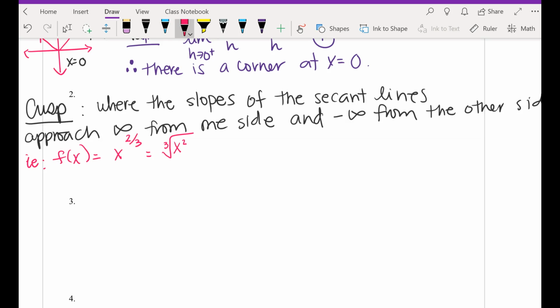Let's sketch it out. We haven't really seen this much in Algebra 1 or even Algebra 2. If I were to sketch this out, when x is 0, what's y? 0. When x is 1, what's y? 1. When x is negative 1, also 1. So does it look like a v?